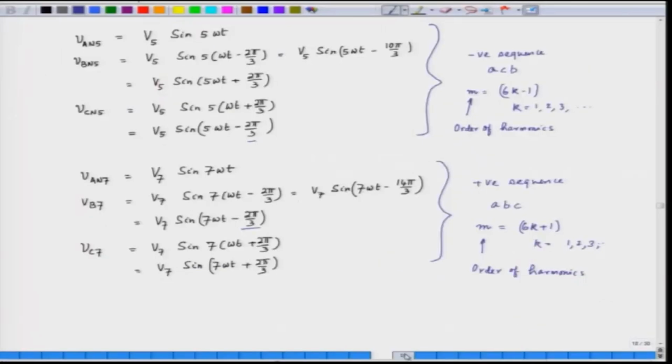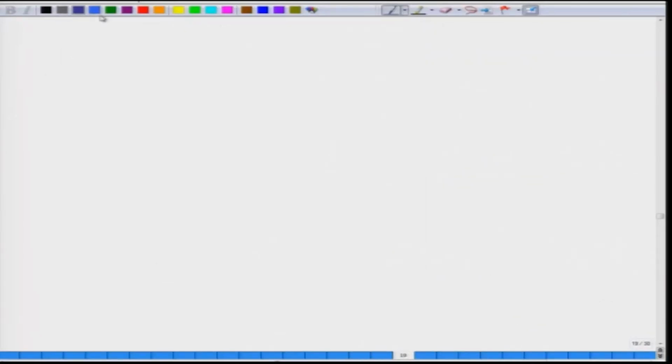Now, let us see what happens to the field when we apply the fifth harmonic. The fifth harmonic component produces a negative sequence component, negative sequence voltages.